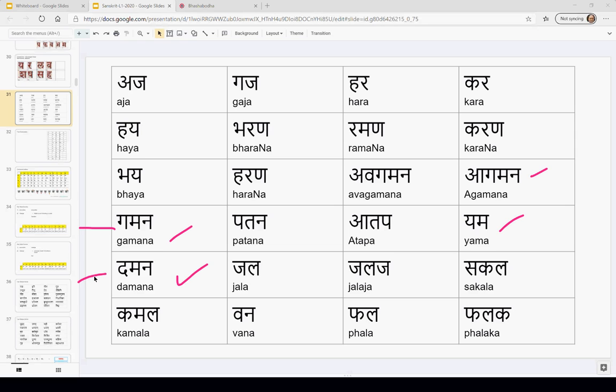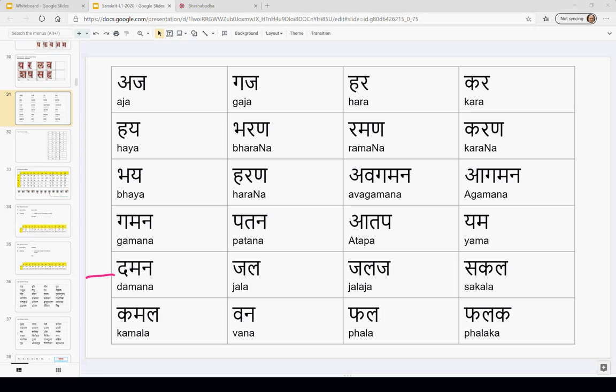Then the next line. Ma Sharada, take the next one. Damana, Jala, Jalaja, Sakala. The last one is Sakala. Yes, good.